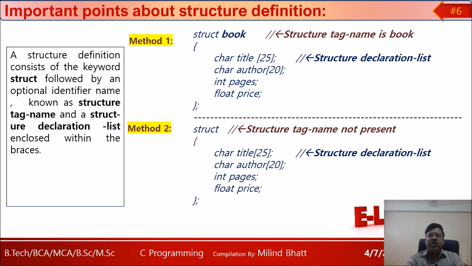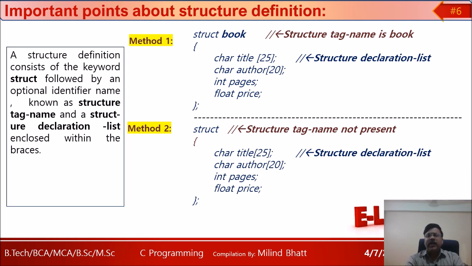Here is a description of how it has to be declared, and there are two methods to define it. First one is struct, this is a keyword, followed by a name which is called a tag name. In this example, my tag name is book. All the dissimilar data type elements of this structure are enclosed within these curly braces.